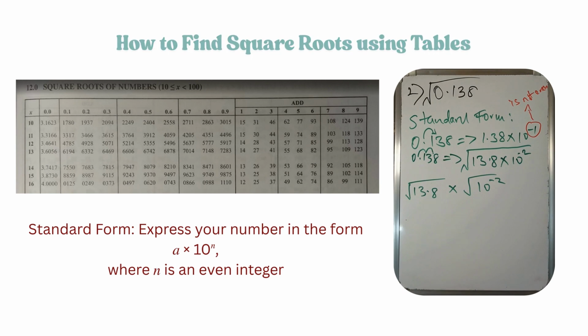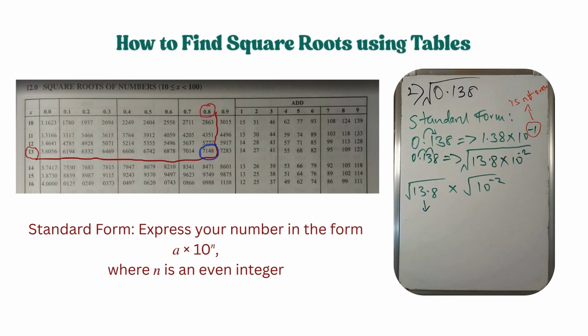Just move to column X for 13, and then move horizontally to column 8. You'll get the answer 3.7142.